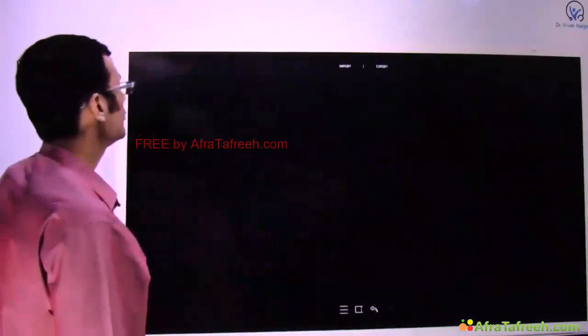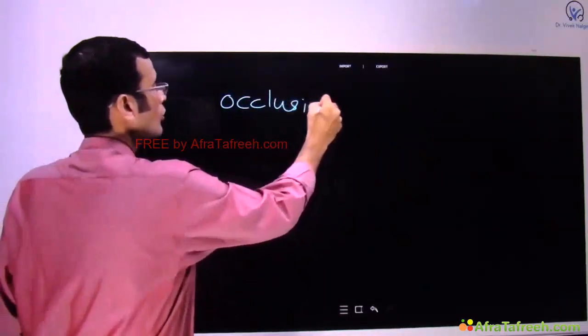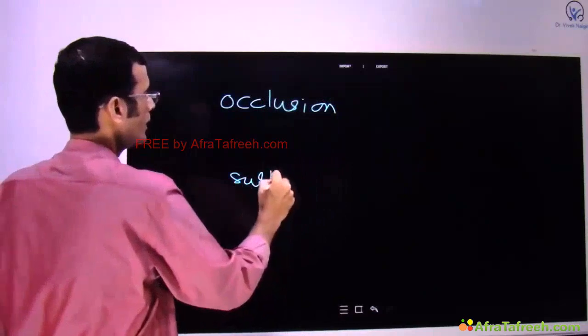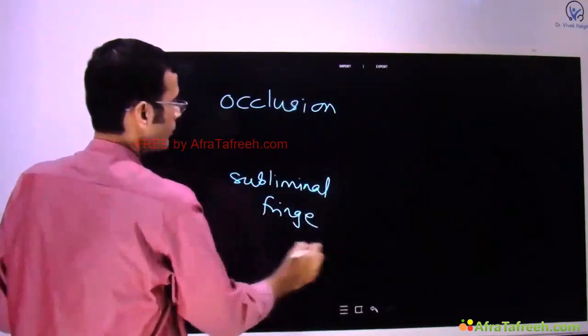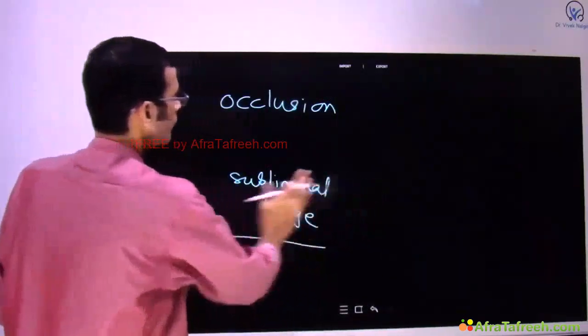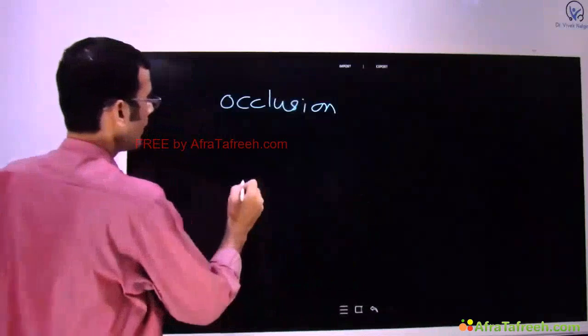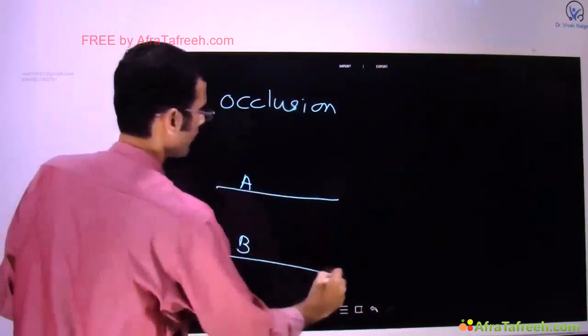And finally, the properties such as occlusion and subliminal fringe. Let us discuss these two properties together. Subliminal fringe. Imagine two neurons, A and B. These are the presynaptic neurons.